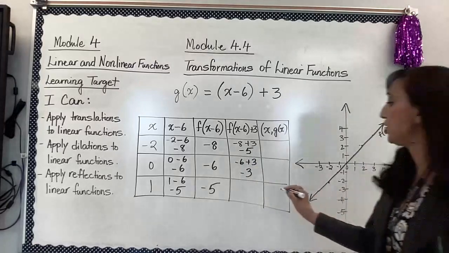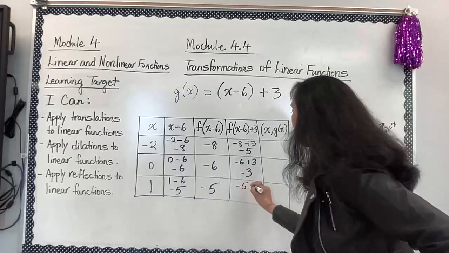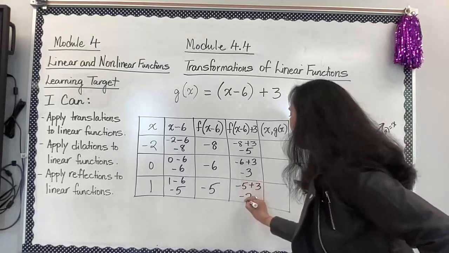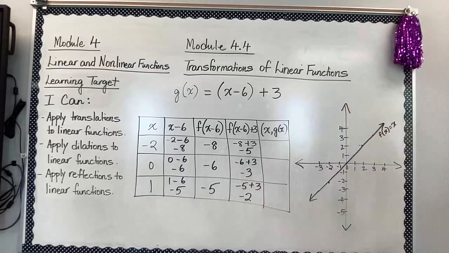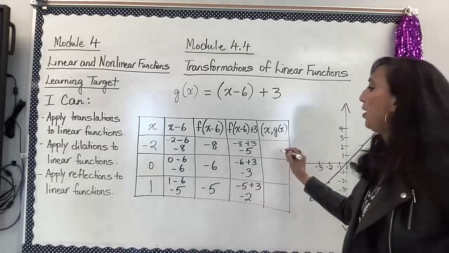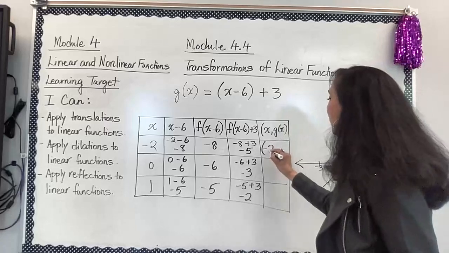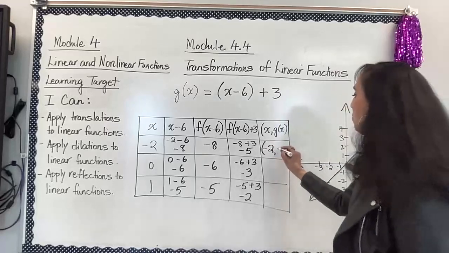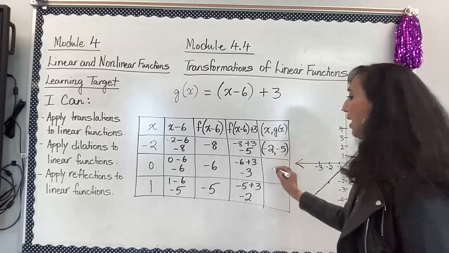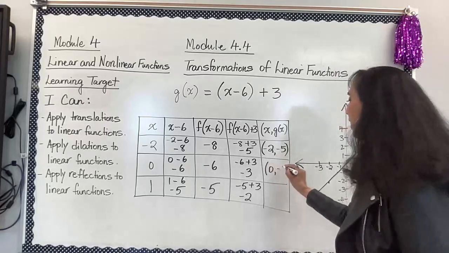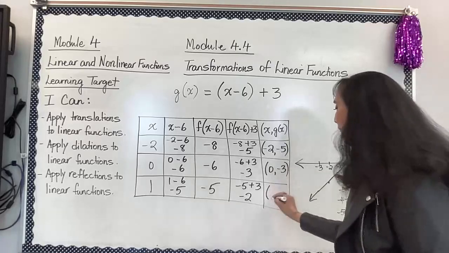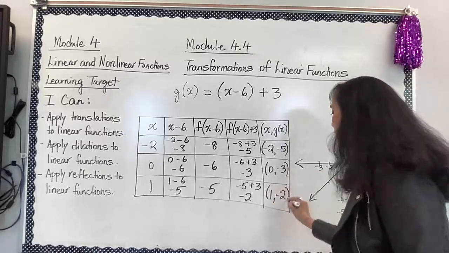And if I do negative 5 plus 3, I get negative 2. And so now let's look at my ordered pairs. My ordered pairs are negative 2, negative 5. I have 0, negative 3. And I have 1, negative 2.